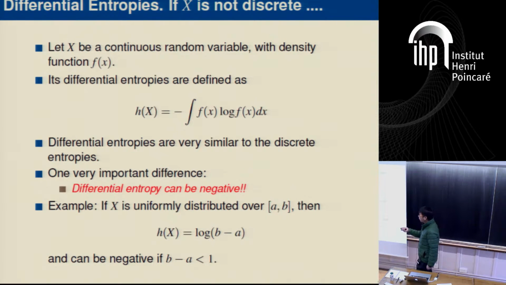Let's look at an example. If x is uniformly distributed over an interval from A to B, it's straightforward to plug in the density function, and you find the differential entropy is log(B minus A). If B minus A is less than 1, the differential entropy becomes negative.